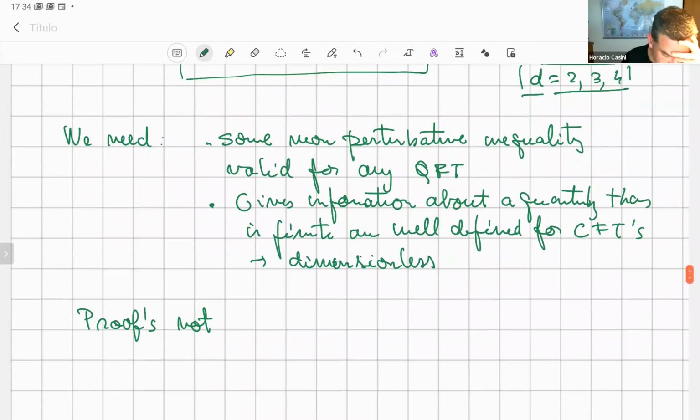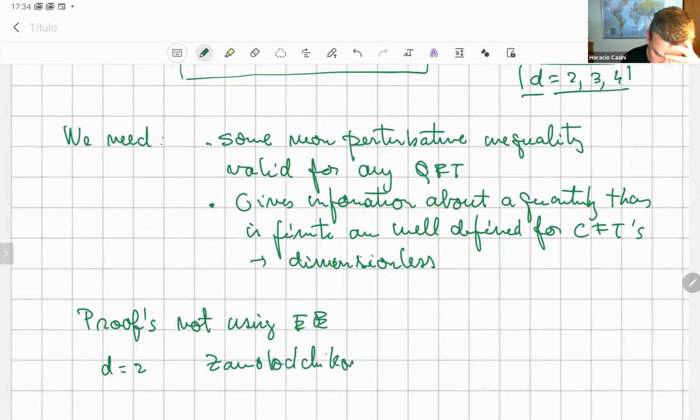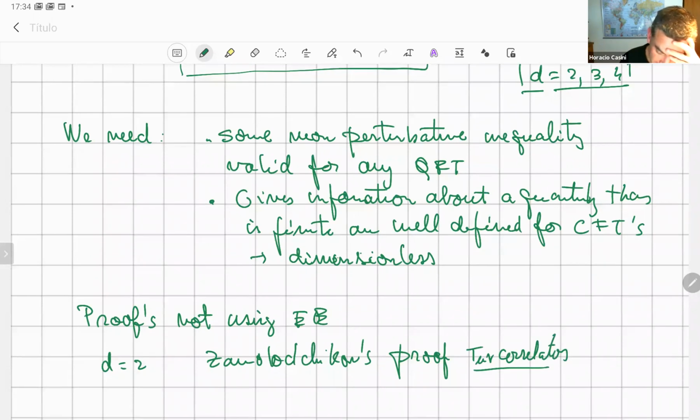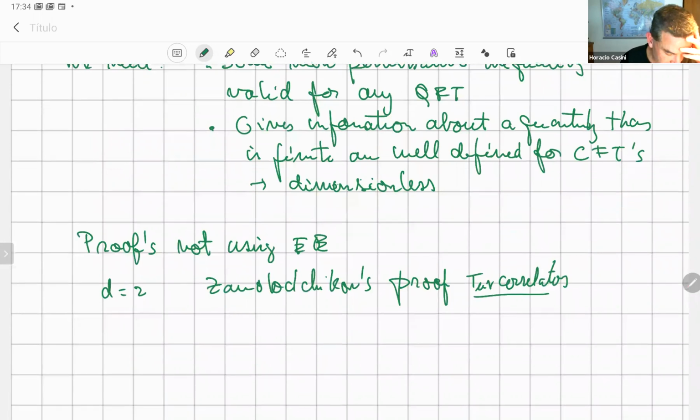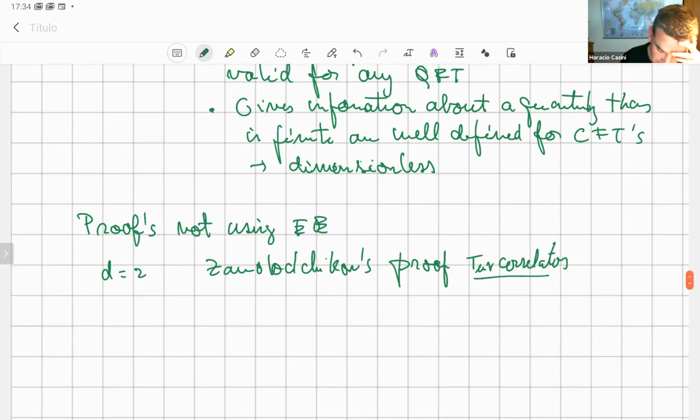There are some previous proofs not using entanglement entropy. For D equal to 2, we have some proof that uses T mu nu correlators, that of course can be defined for any theory, at least the ones that contain the stress tensor. This is in '86.